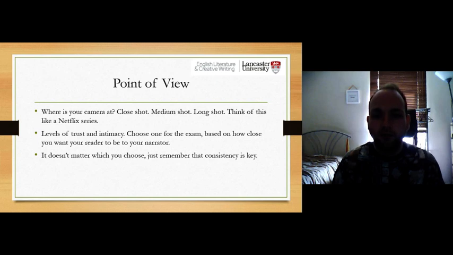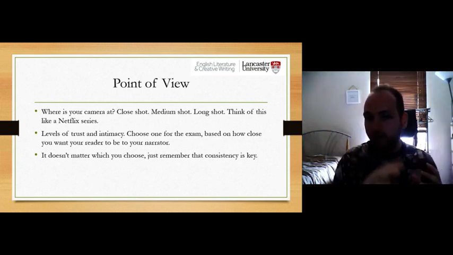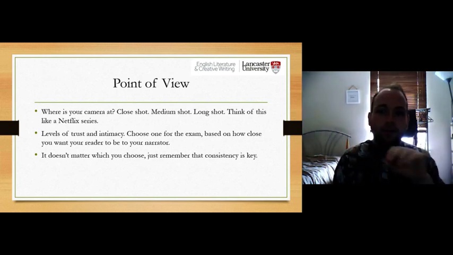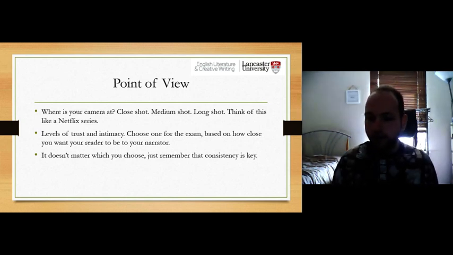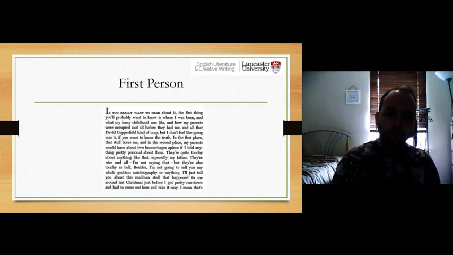A psychopath, let's say, in a serial killer story? Do we want to be way back from somebody who's really likeable so that we only get snatches of them? All of these are questions to direct the writing, but do remember that whatever you choose, there's no right answer, and consistency is key. Stick to the shot you've chosen.